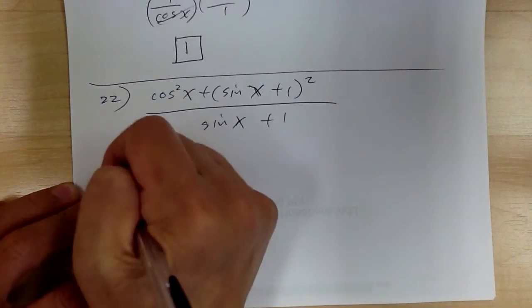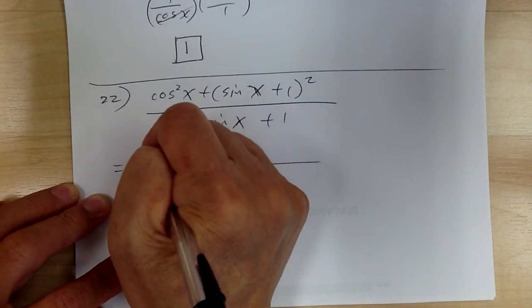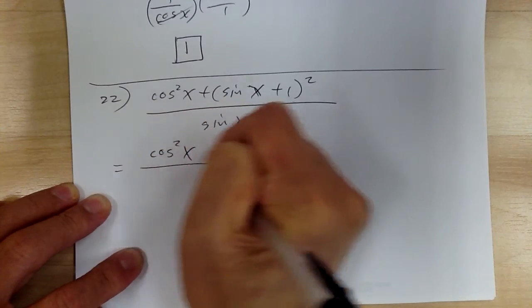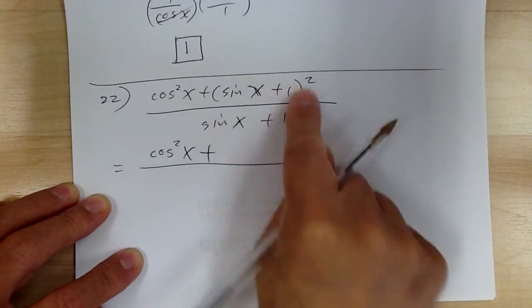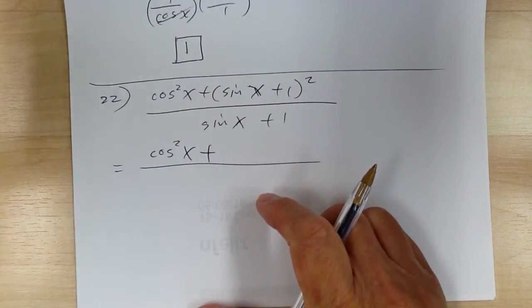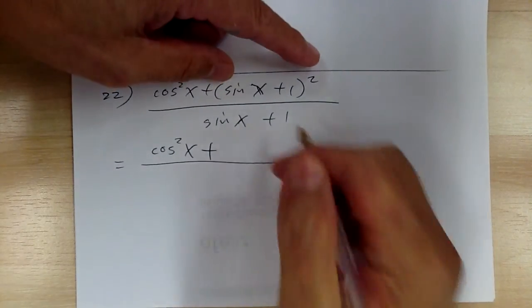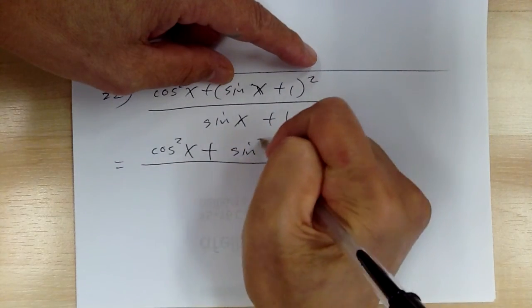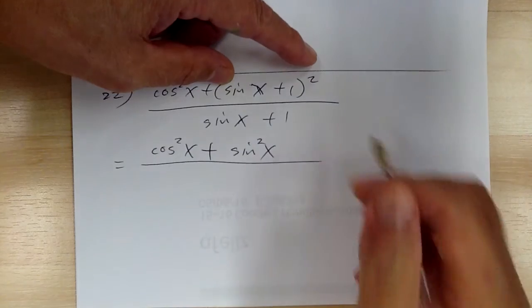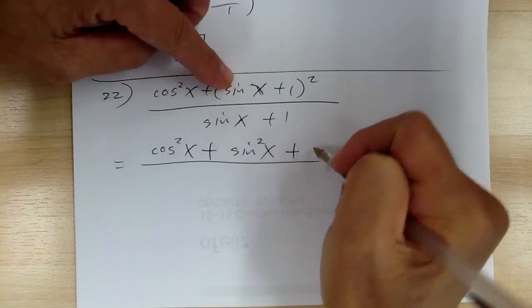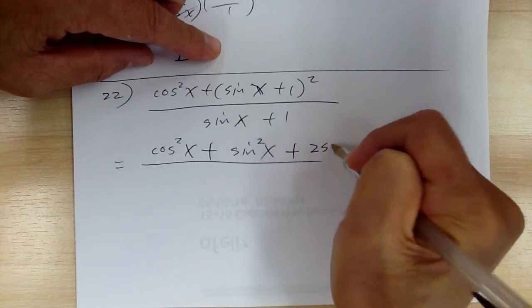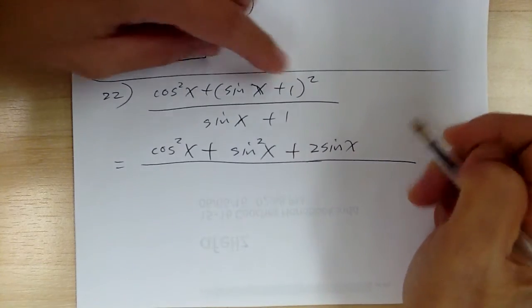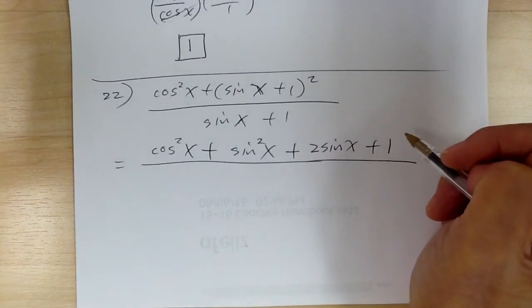So just go and multiply out. So you have cosine squared x plus, and you have to multiply these things out. You have to know your trinomial square, right? So this one squared, you get sine squared x, and your middle term would be 2 sine x, and you square that, you get plus 1.